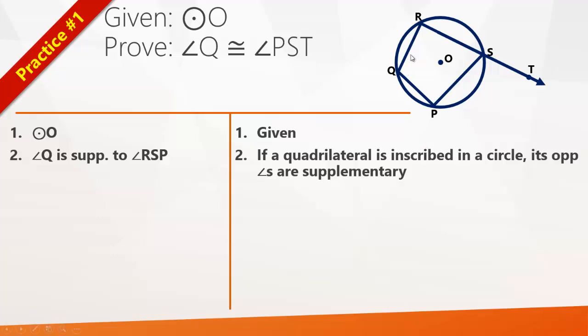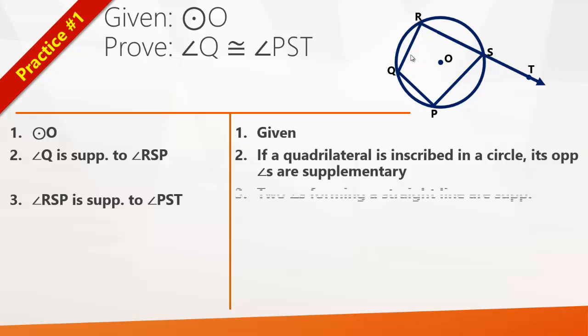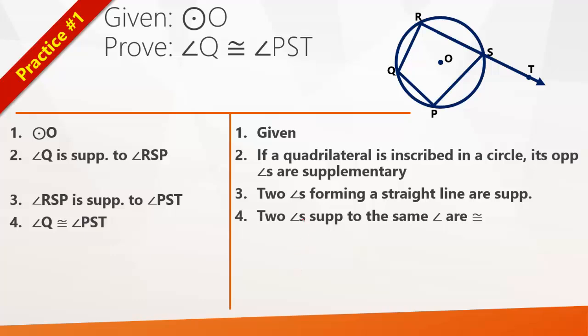Then we can say angle RSP is supplementary to angle PST, because two angles forming a straight line are supplementary. And then finally, you could say that angle Q is congruent to angle PST, because two angles supplementary to the same angle are congruent. So a simple four-step proof, just to reinforce this idea.